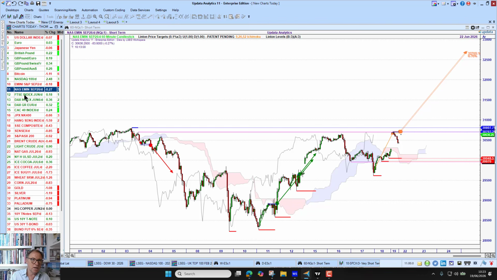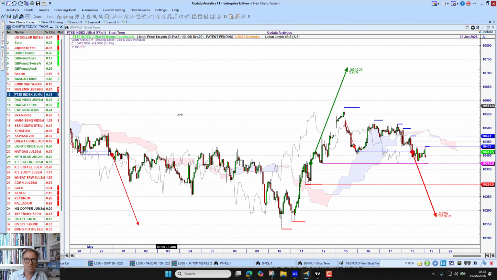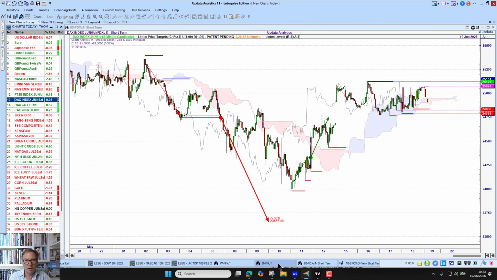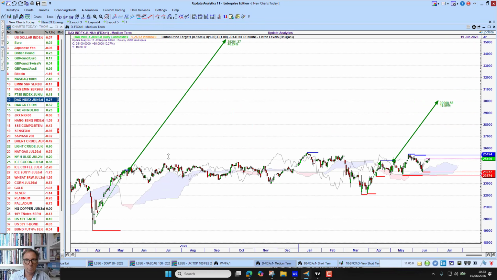Looking at the UK market, we are up slightly, but the trend for the short term is below the cloud with a downside target. The DAX in Germany is really following the US example. We're just waiting for a new high. DAX has been going sideways for quite some time.